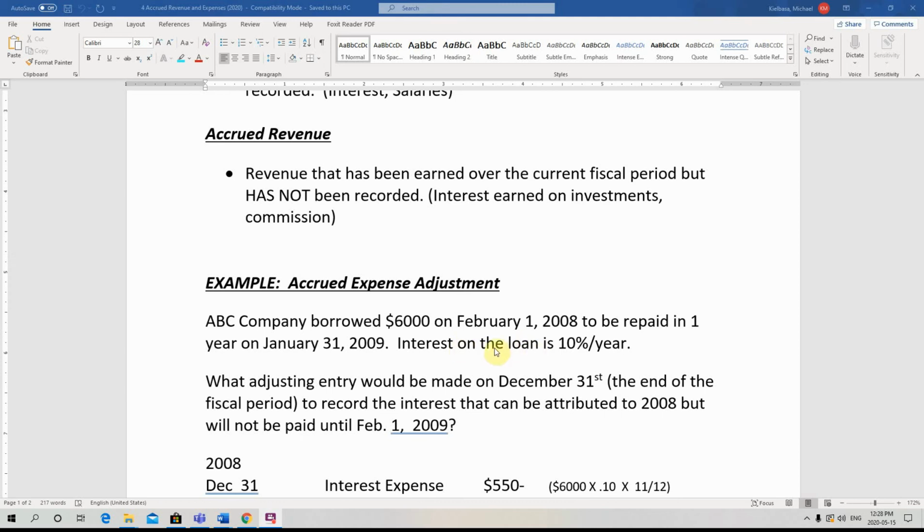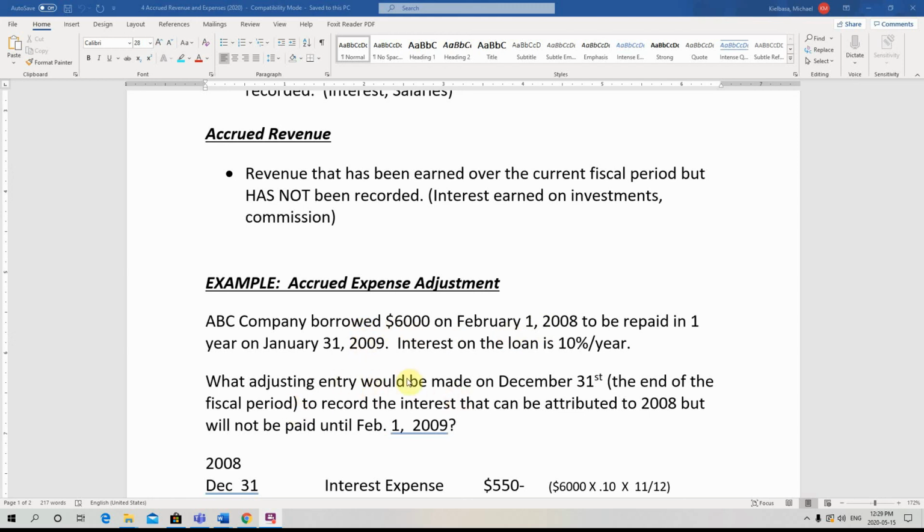Now, the loan doesn't have to be paid until 2009, right? So January 31st, 2009. But the end of the fiscal period is December 31st, 2008.